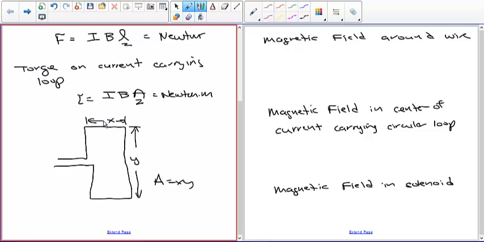It turns out this dimension contributes to the force, whereas the y dimension is related to the torque arm. We've got this force acting at this distance, so force times distance gives you torque. When you combine these two together, it turns out it's just the area.